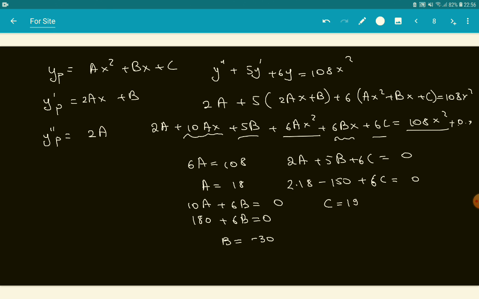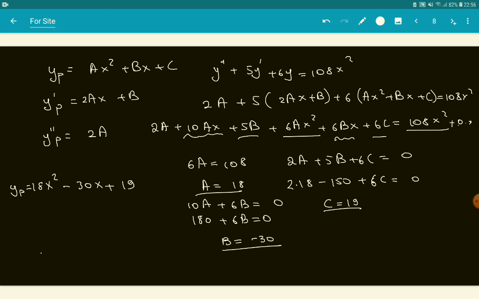So we already know what a, b, and c are. Then we can write the equation for yp. Since a is 18, it will be 18x squared, negative 30x plus 19.